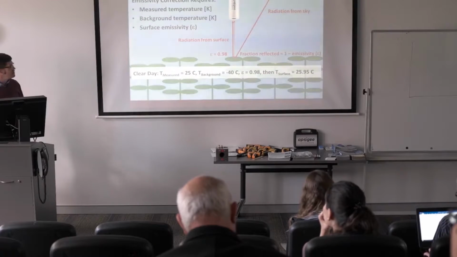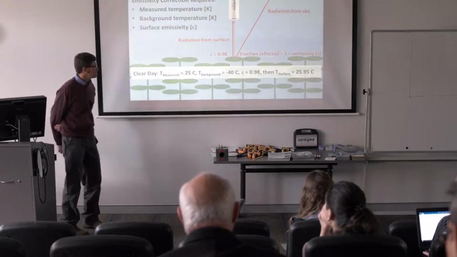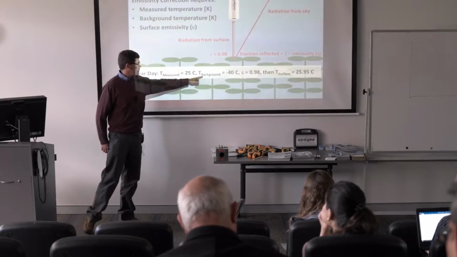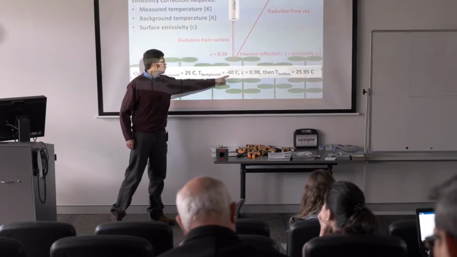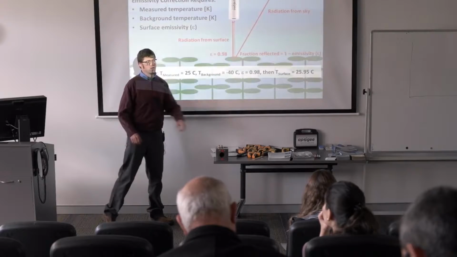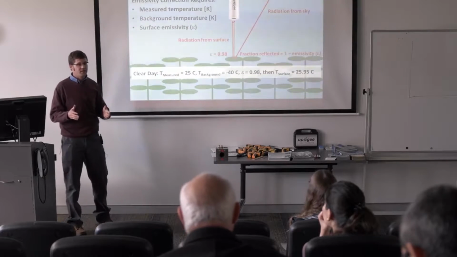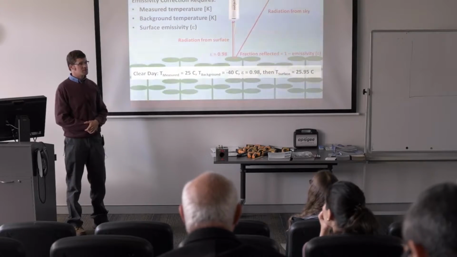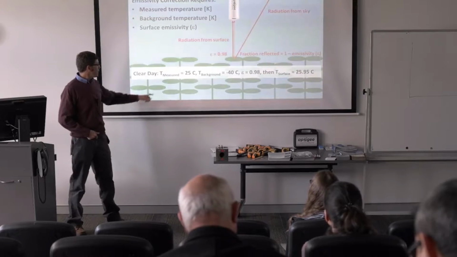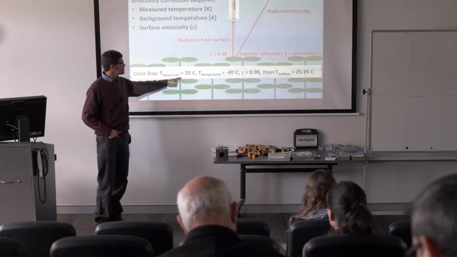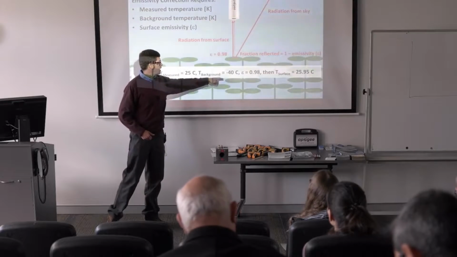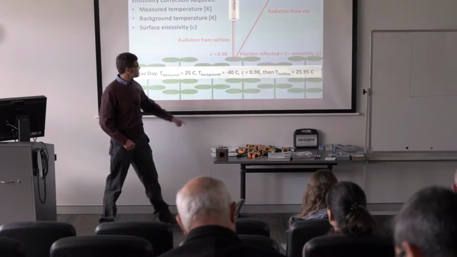So just by way of example, on a clear day, the background temperature, and again if we're outdoors, this is the sky, can be really cold in the 8 to 14 micrometer wavelength range that the temperature sensor is measuring. So we might measure a surface temperature of a plant canopy of 25 Celsius. On a clear day, the sky temperature is negative 40 Celsius.